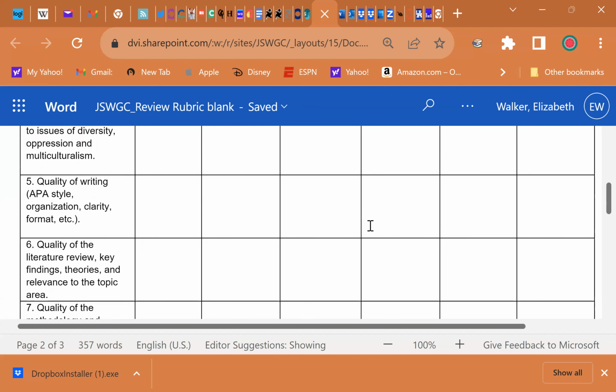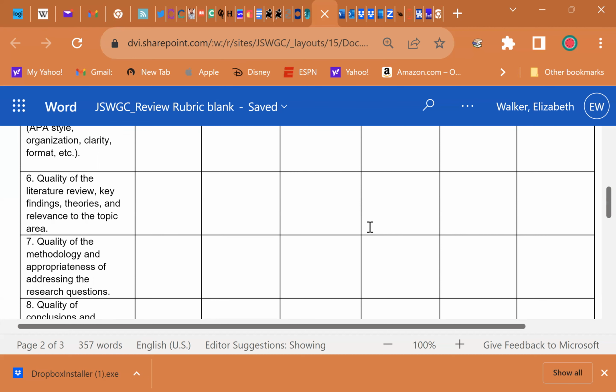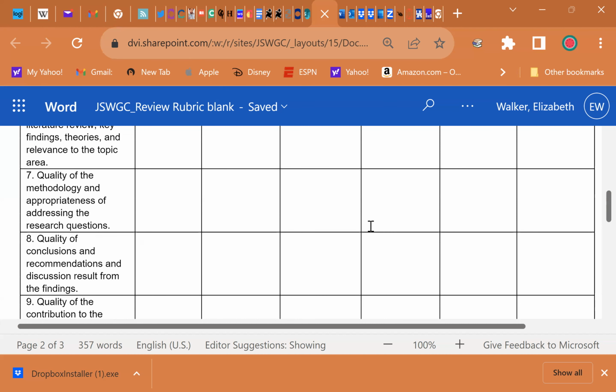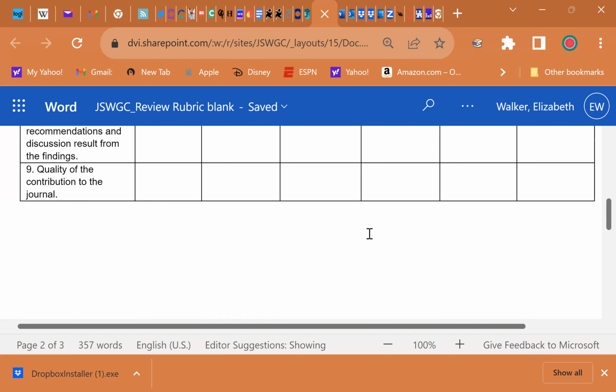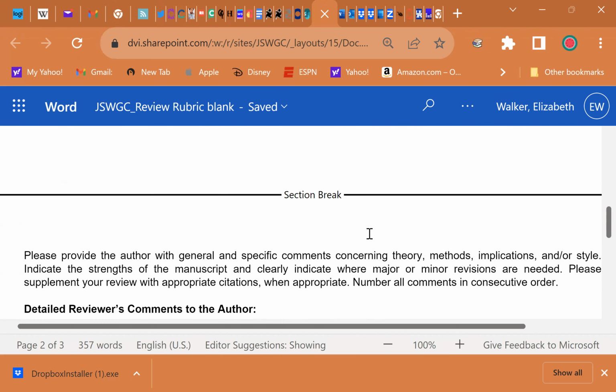Then the quality of the writing, APA style, and we're going to touch on that a bit more in a minute. And then quality of the lit review, key findings, theories, and relevance, quality of the methodology and appropriateness of it to address the research questions, then quality of the conclusions and recommendations and discussion resulting from the findings, and then quality of the contribution to the journal. So those are the items on the rubric.